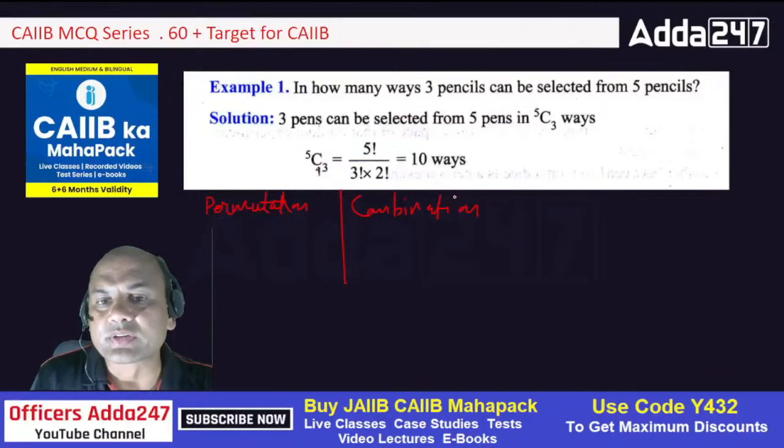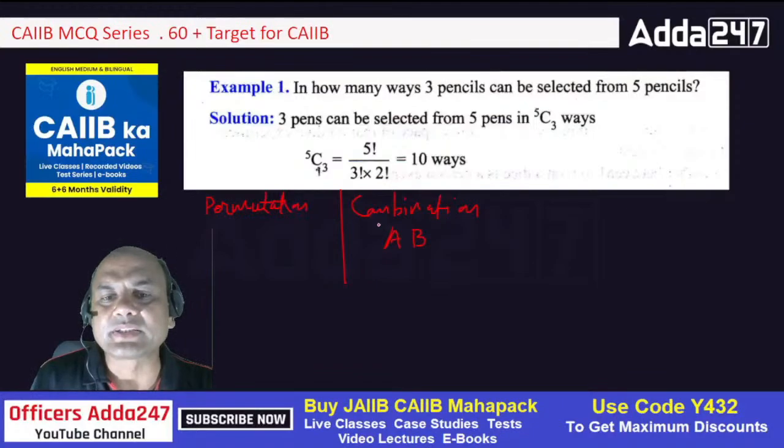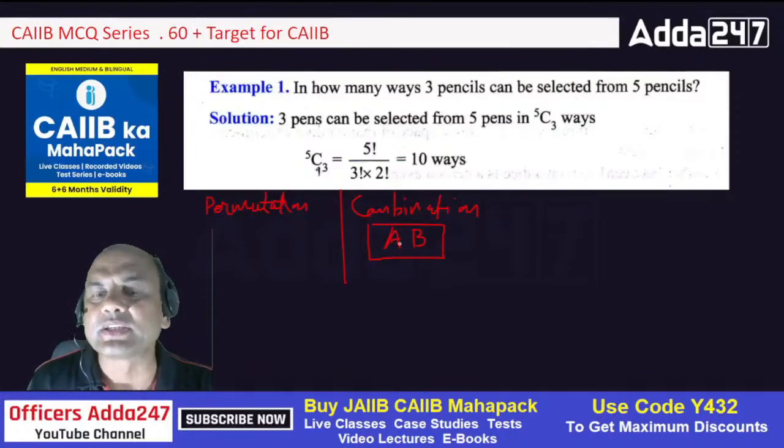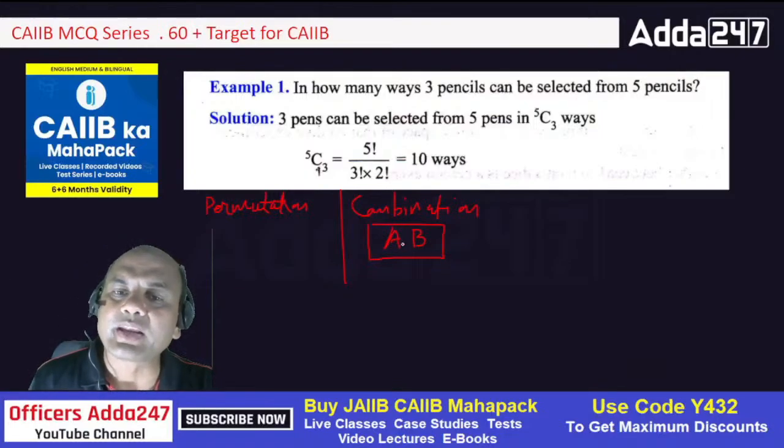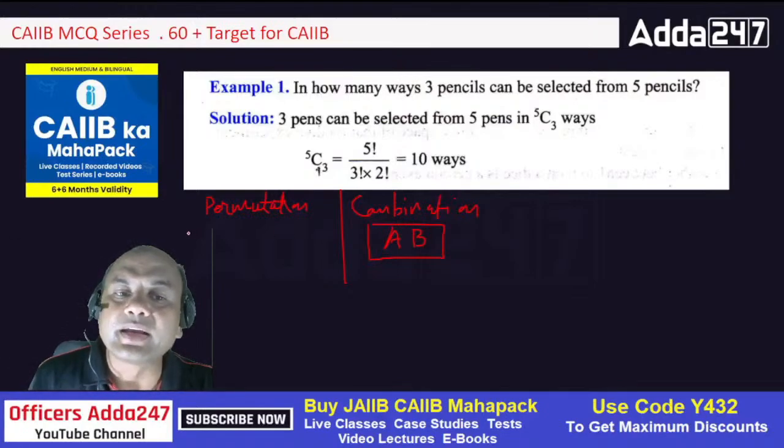Suppose I have A and B, two persons standing together. In combination, I'll put them on one chair. Let's say A and B are sitting on one chair. That's it. Permutation means it's either A and B over here, or B and A over here.